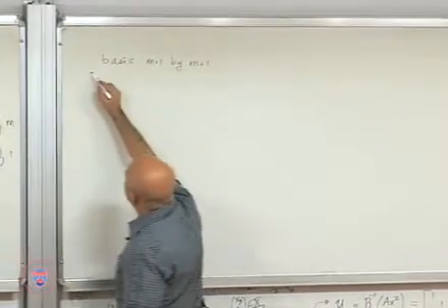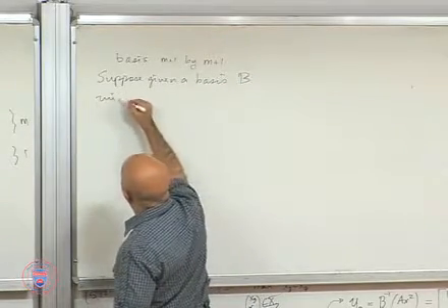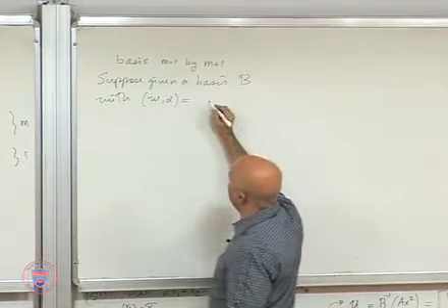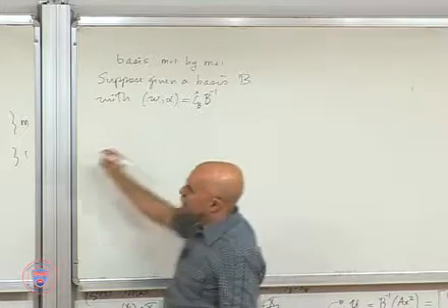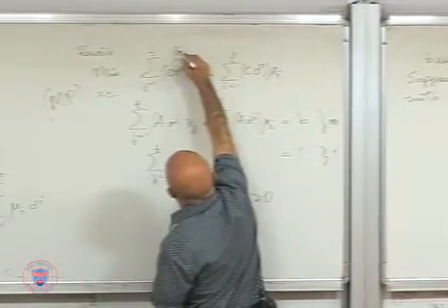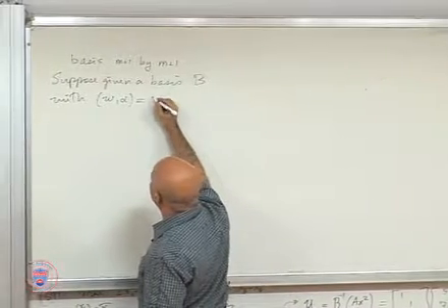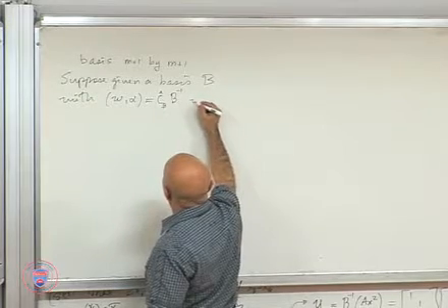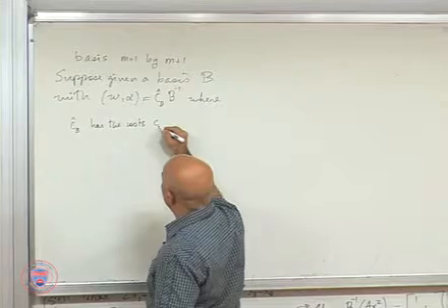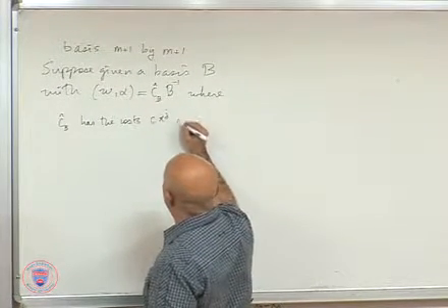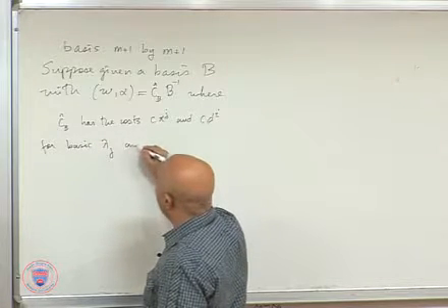All right, so suppose given a basis B with w and alpha defined by cB B inverse, where cB has the costs c times xj and c times di for basic lambda j's and mu i's.